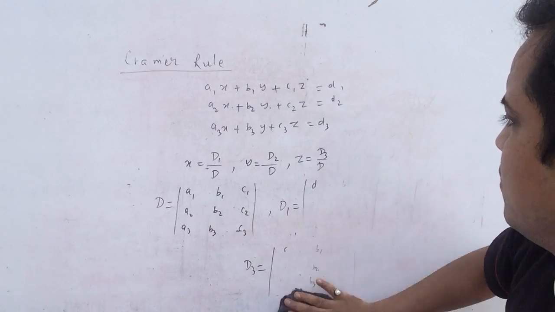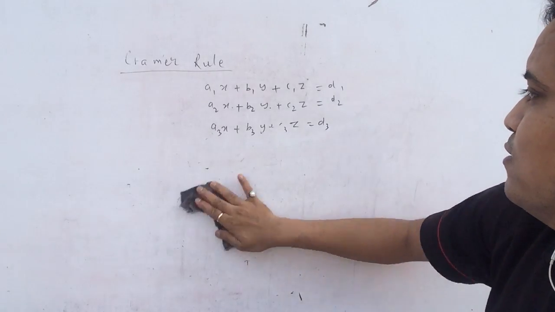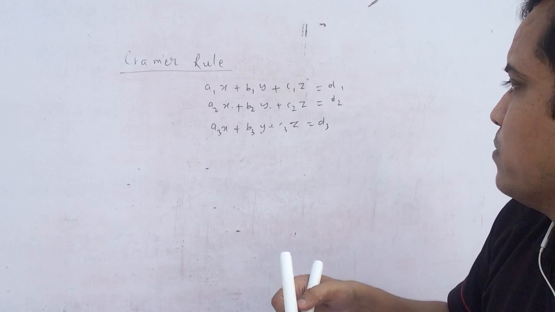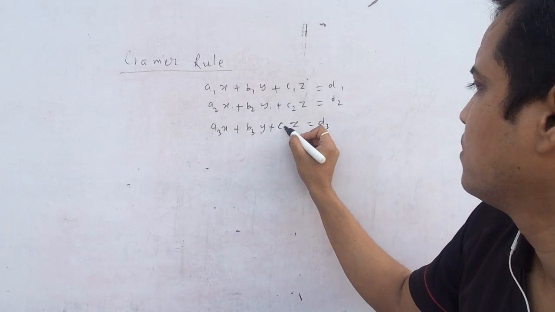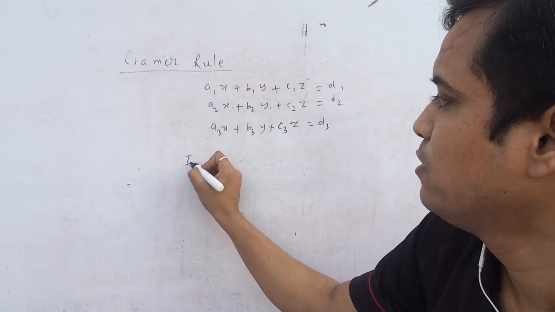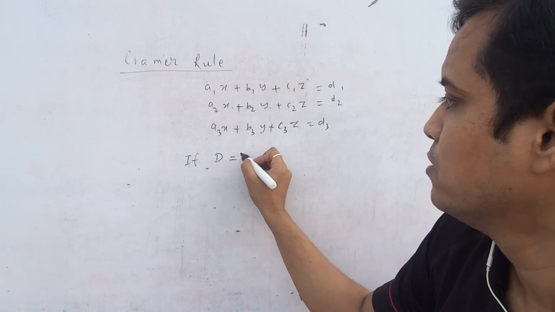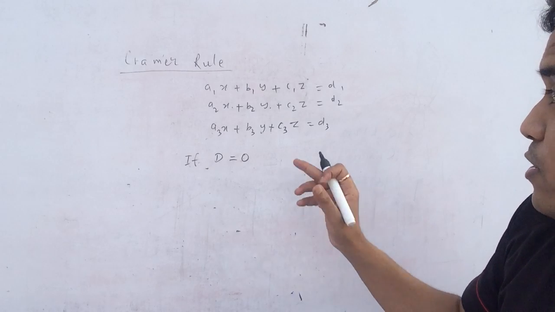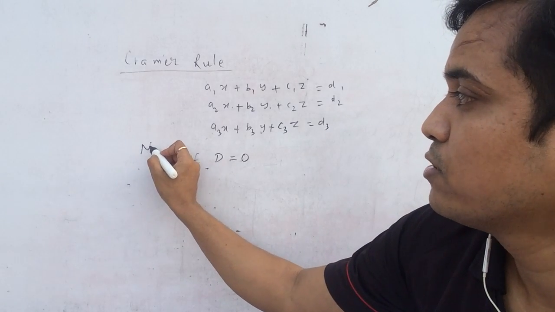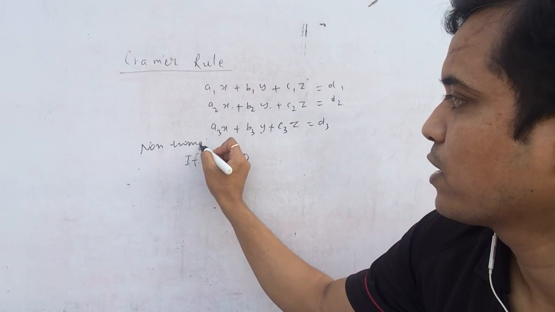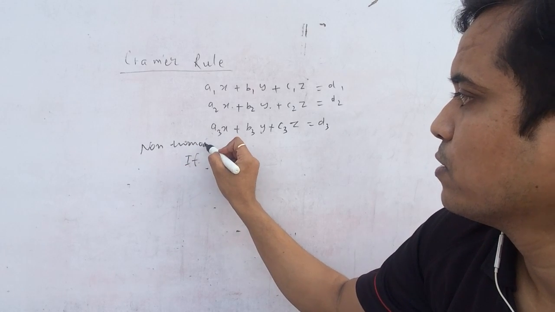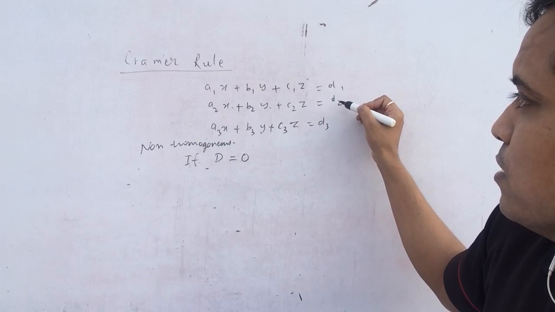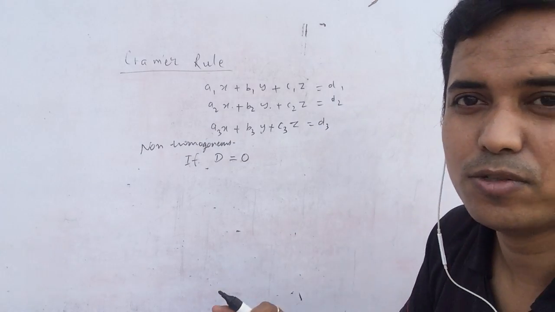Now what if D equal to 0? Since we are talking only about the non-homogeneous case, D1, D2, D3 are not all equal to 0.